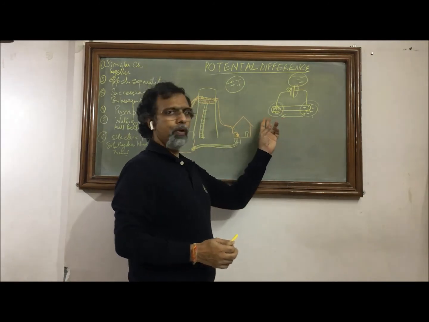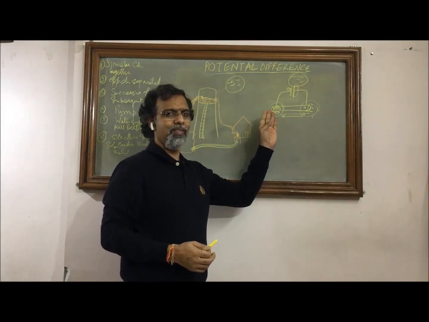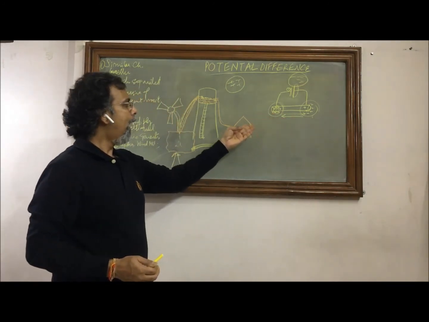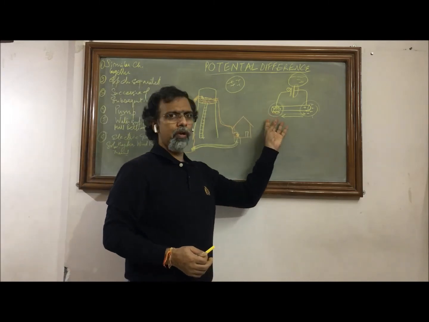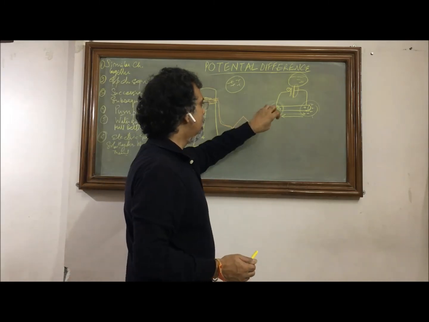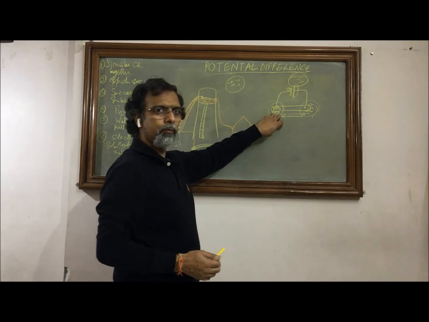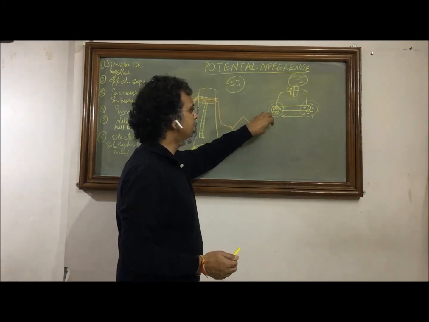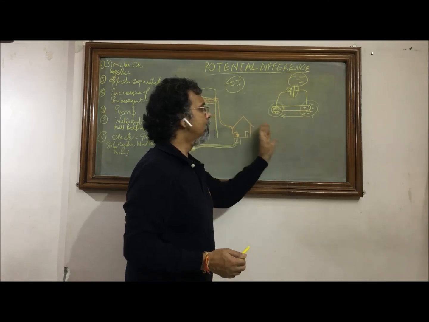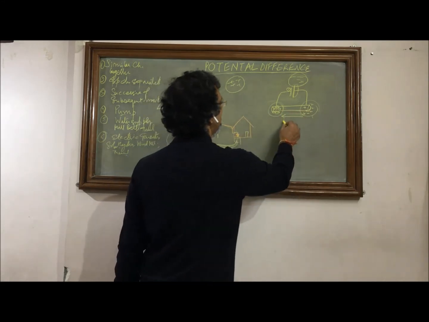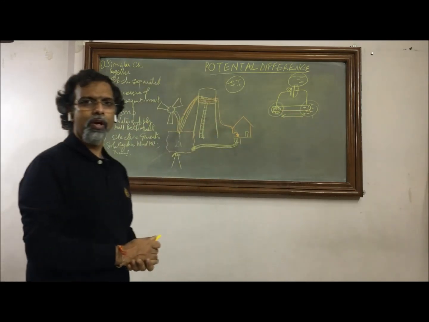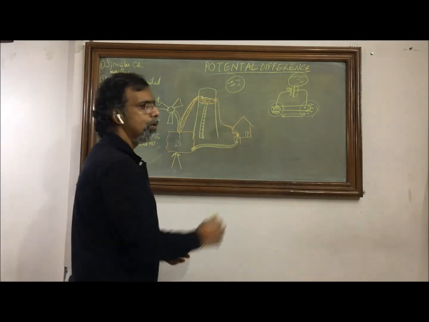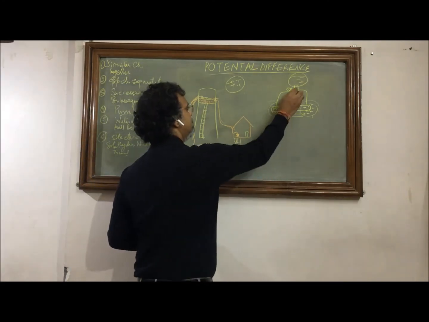Which means we have availability of electrons at this pole always in similar number, and because the collection of electrons is the same, the amount of potential energy will be the same, and the potential difference between this point and this point will remain the same, so the current will remain the same. So we will have a constant voltage and current throughout the time as long as this battery supports.